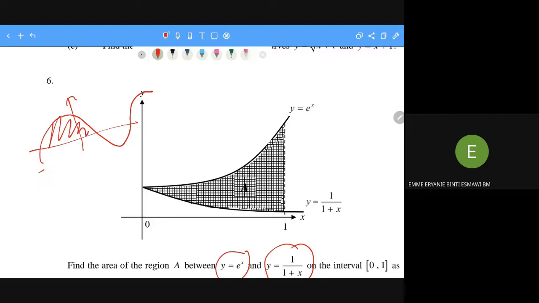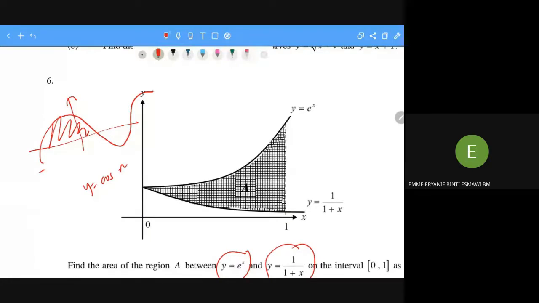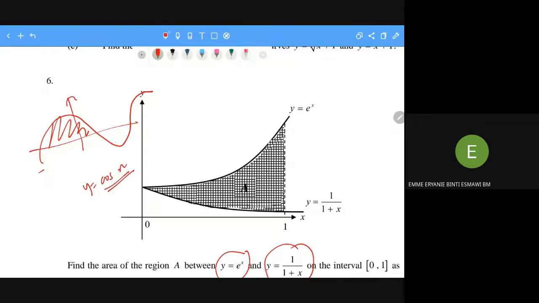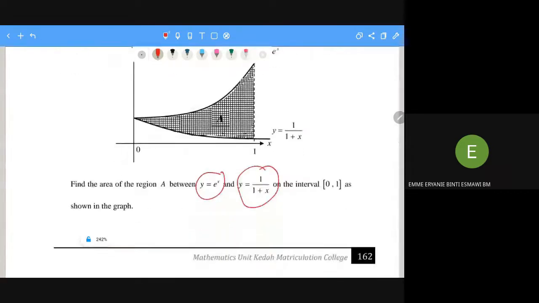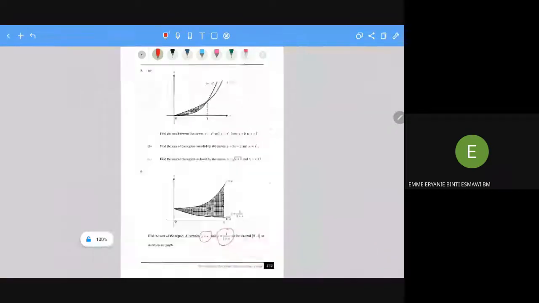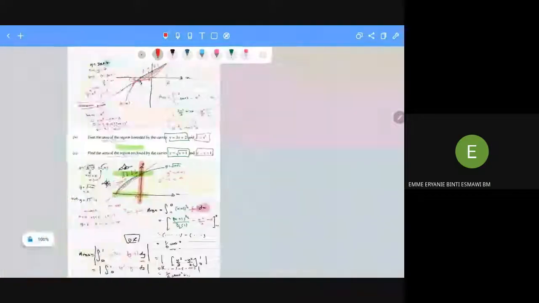Dan dia bagi function cos. Pun dia minta find the volume kan, rotated about the x-axis. Dia bagi cos. So, nak integrate cos ni kita nak tahu lah macam mana. Okay, from what you have learned in chapter 6. Okay. So, jangan ingat chapter 6 tak masuk exam tu, maksudnya tak ada langsung, tak. Okay. Alright, so that's all that we have to know.